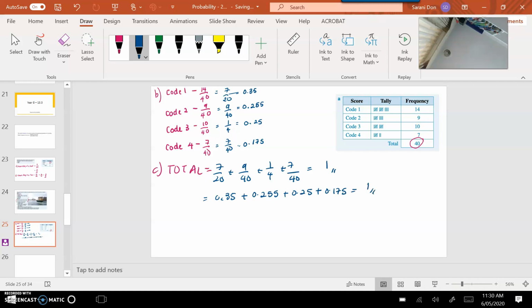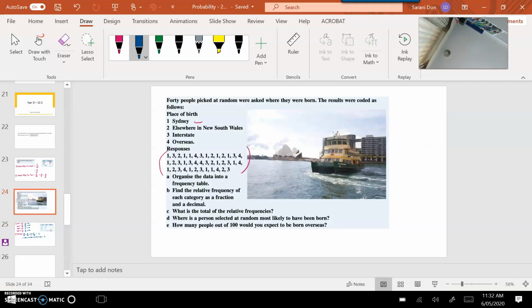That should also equal 1 as well. If it doesn't equal 1, then you need to double check your answers, like your fractions here, you would have had a mistake. So every time you add all these frequencies together, when it's a fraction or decimal, it should equal 1.